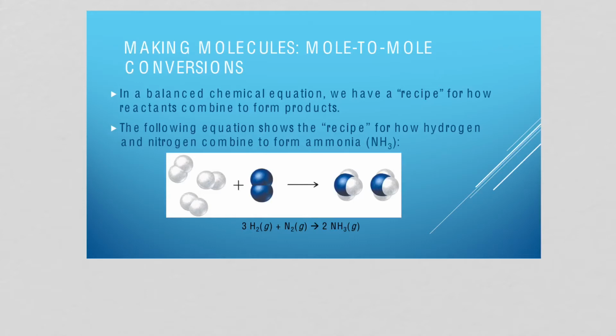So, the most useful way to think of this is 3 moles of hydrogen react with 1 mole of nitrogen to give me 2 moles of ammonia. That's my recipe. So if I want to make exactly 2 moles of ammonia, I'm going to need to mix 3 moles of hydrogen gas with 1 mole of nitrogen gas. That's the recipe.